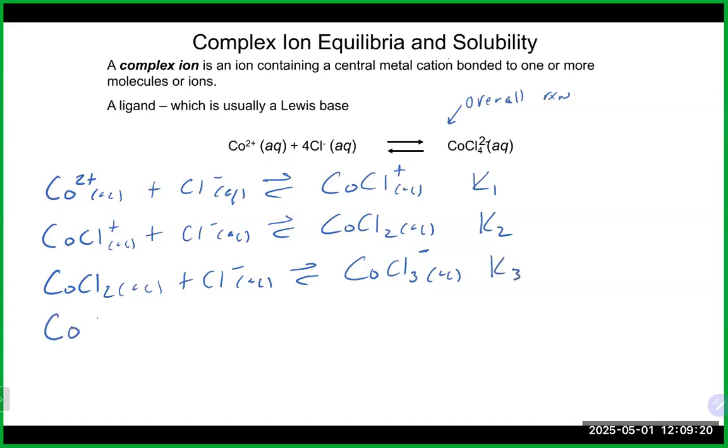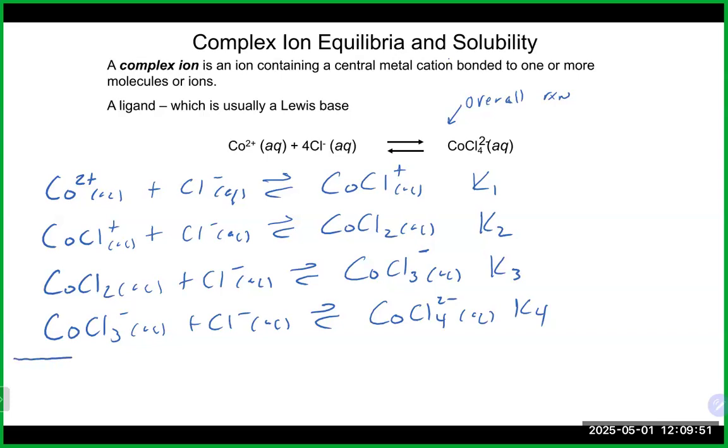And lastly, this guy would pick up the last chloride, again making the complex ion that we see there with a -2 charge and a K4. So this is the stepwise way that ligands get attached. They get attached one at a time, they set up an equilibrium one at a time, and there is usually an equilibrium constant for each.